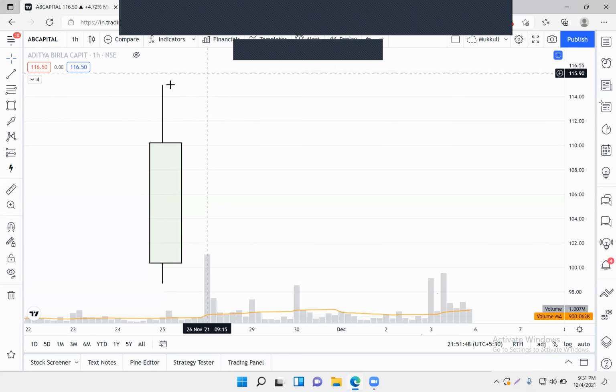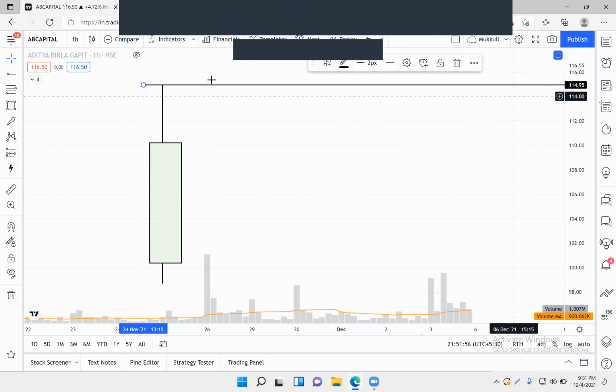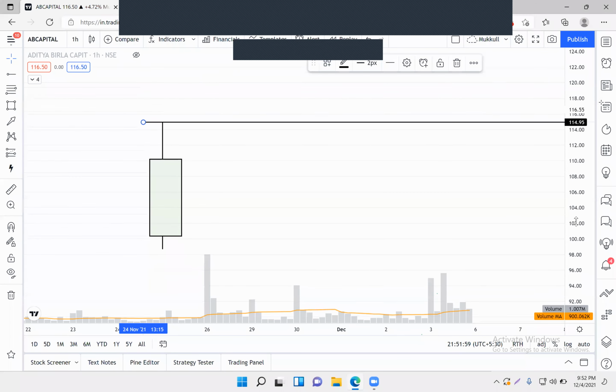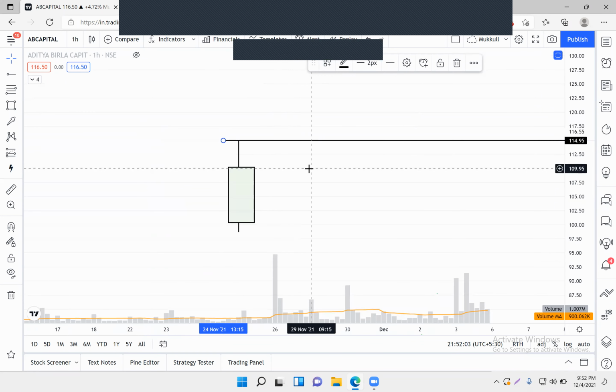Then this is your swing high, right? Now this tends to be your swing high. Today your swing high is formed, right? Now what you have to look out for is consolidation.